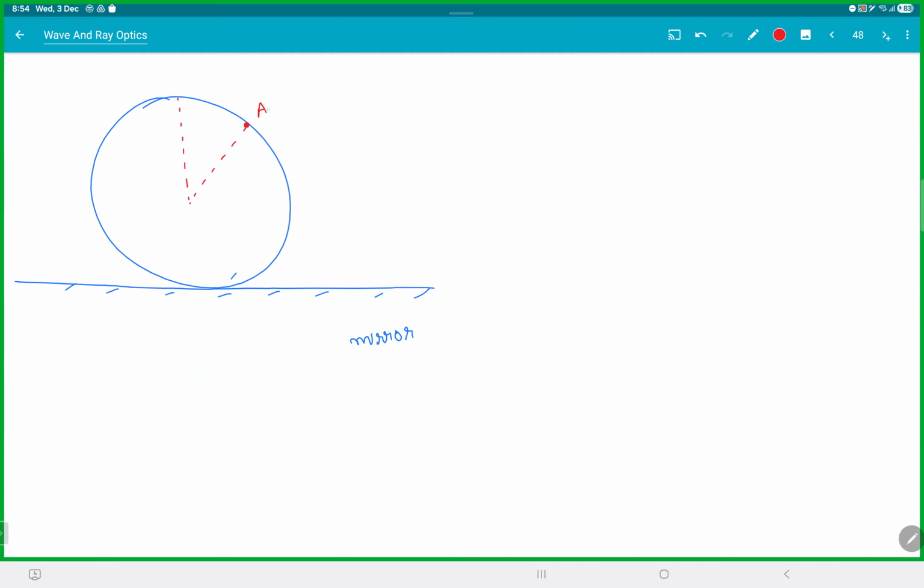This is a point A. This is 30 degrees. The ring is going without slipping. Find the velocity of point A, image of point A. Or let me ask you like this: find the relative velocity between the object and the image of point A.